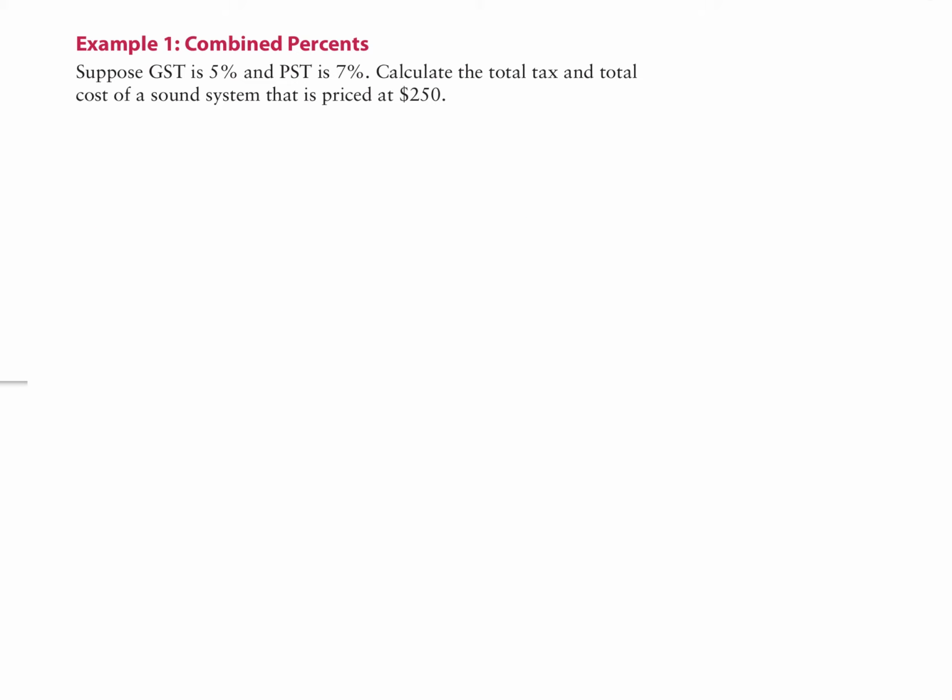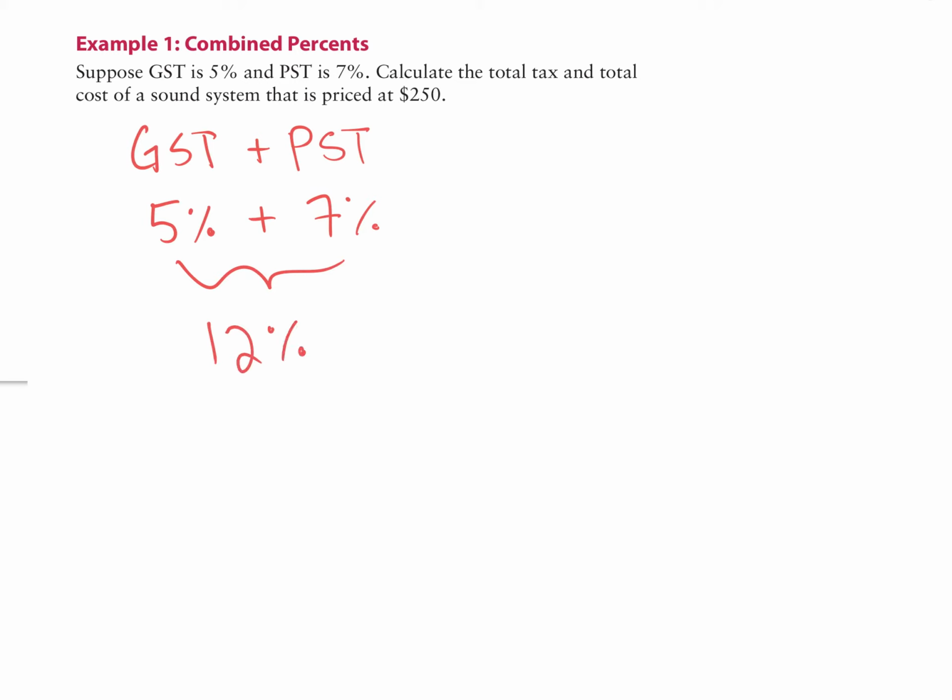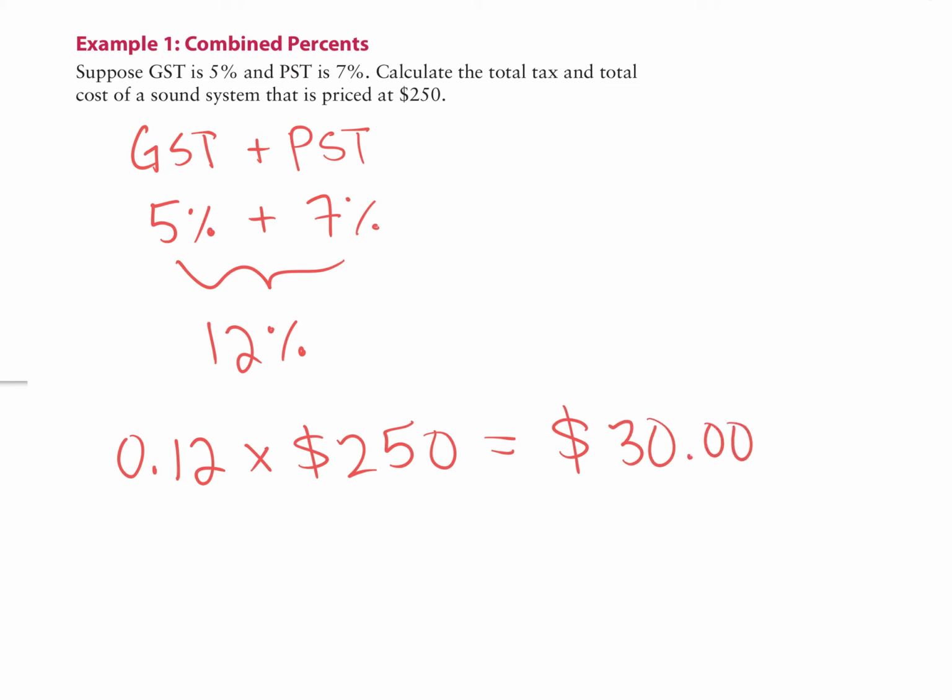The second way to do it is to take the GST and add it to the PST right off the bat. So we have a 5% plus a 7%. That gives us 12%. So then all you have to do is find 12% of $250, and you'll find right away that it is the same as what we got before.